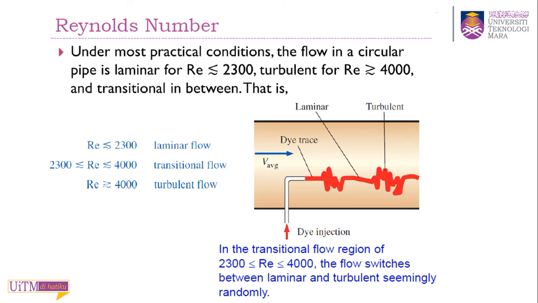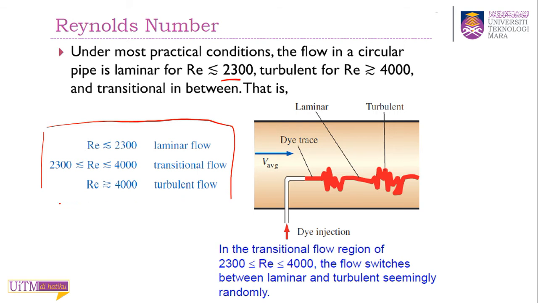So, Reynolds number. Under most practical conditions, the flow in circular pipes is laminar below 2300 and turbulent if the Reynolds number is higher than 4000, and between these numbers is what we call the transition flow. So this is crucial to remember.